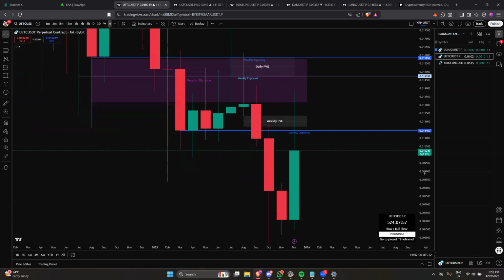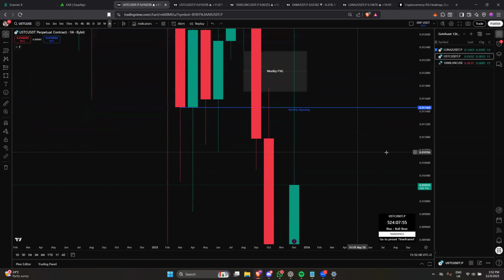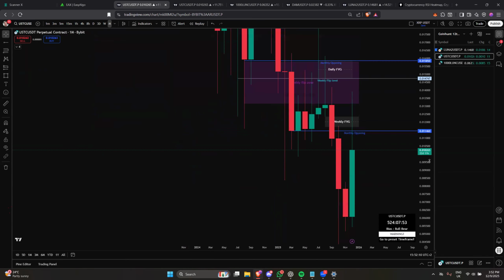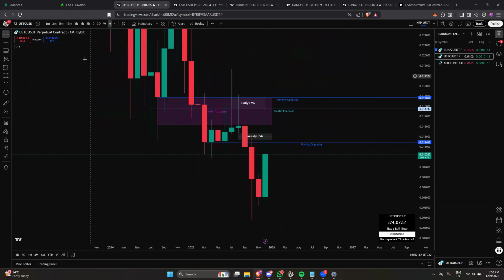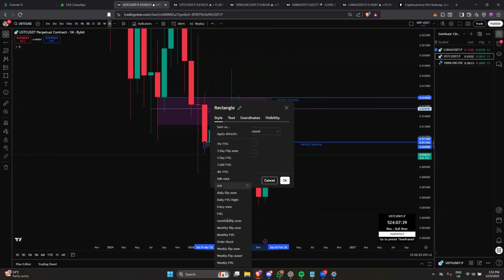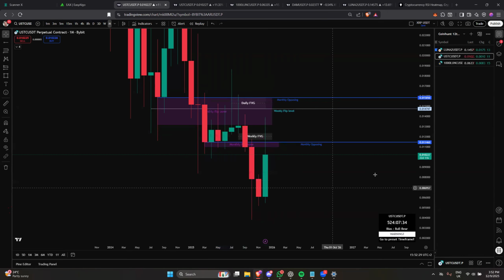I'm working out the opposing levels. And let me see if I can actually get. So if you have a look here at the bottom, the price was supported and then resisted. So this can also be monthly. Cool, so you've got your opposing monthly flip above it, fair value gap.